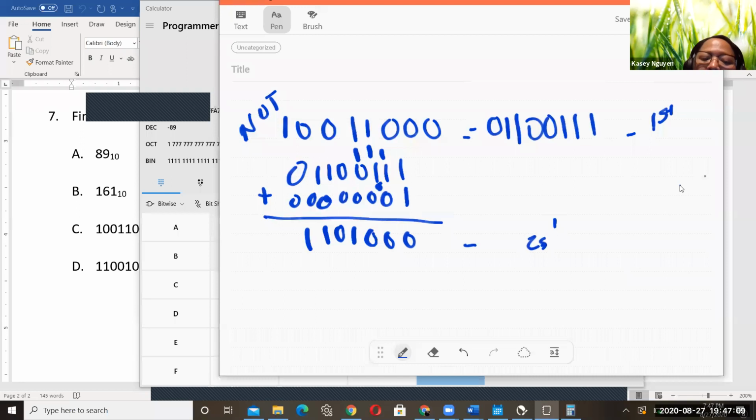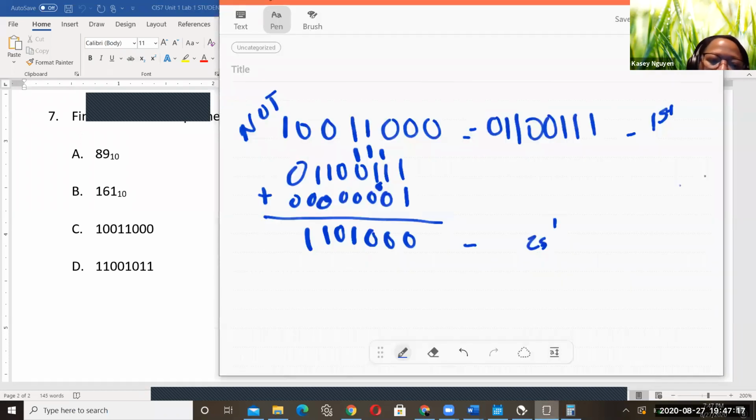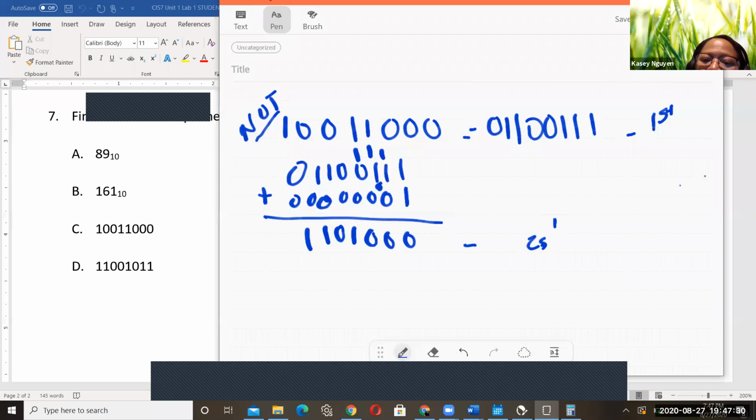So when we started with C, this is the value given to us right here. Okay. So we started with this value already, right? Then we have to not it. When you not it, you basically flip the 0s into 1s here.